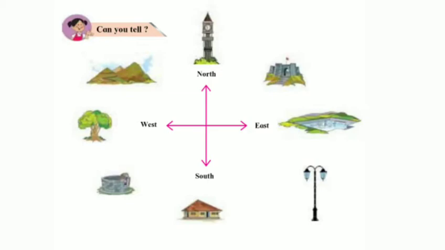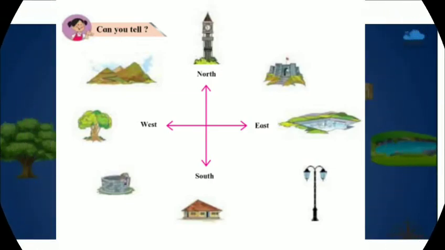Then in the west you can see a tree. Then in the north you can see the clock tower. And in the south you can see the house. But students, there are some other pictures also, but you cannot guess them easily. So what we will do, we will draw lines in the middle and see the other directions also.